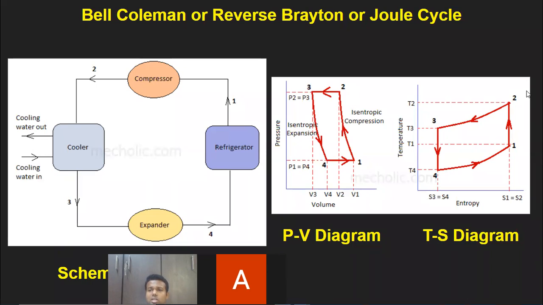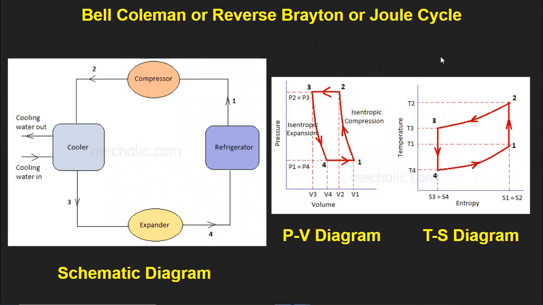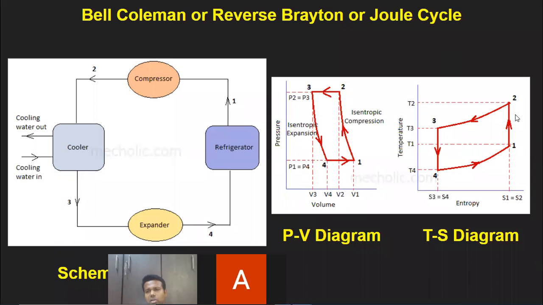Now we have plotted 2 to 3 on a PV diagram. Let us plot it on a TS diagram. During 2 to 3, pressure is constant, so this is a constant pressure line. Along this 2 to 3 line, the pressure at any point is constant, that is P2 = P3. Now the question is, why are we moving down?